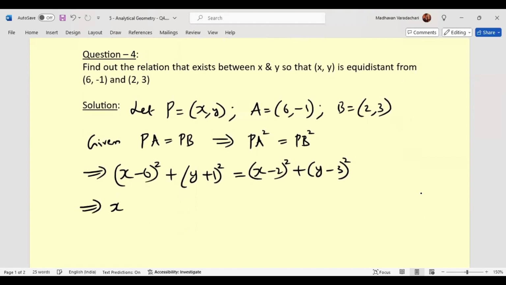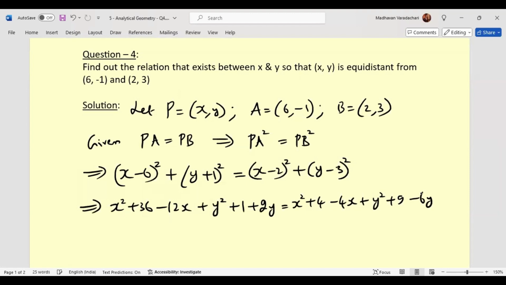Left hand side it is x square plus 36 minus 12x plus y square plus 1 plus 2y. Right hand side x square plus 4 minus 4x plus y square plus 9 minus 6y. Both sides we can cancel x square. Both sides y square also can be cancelled.